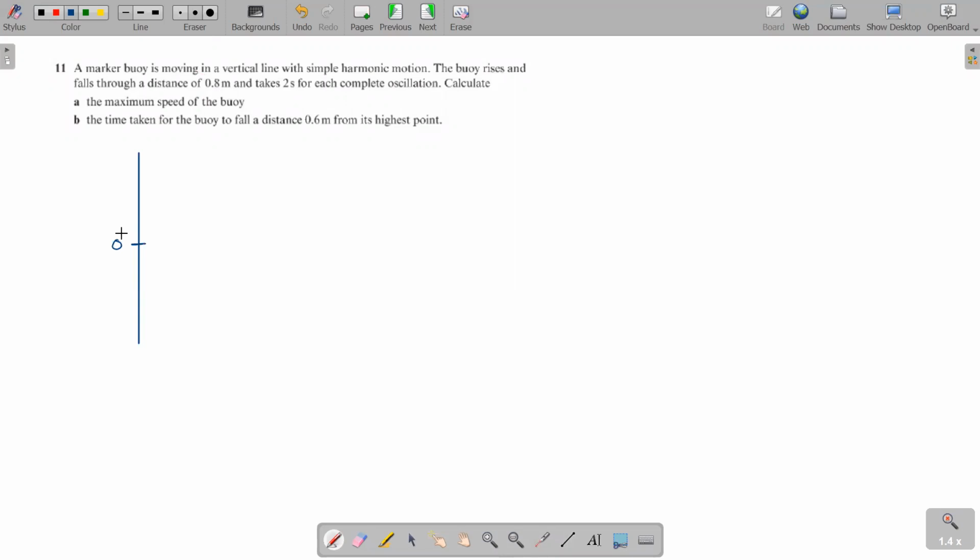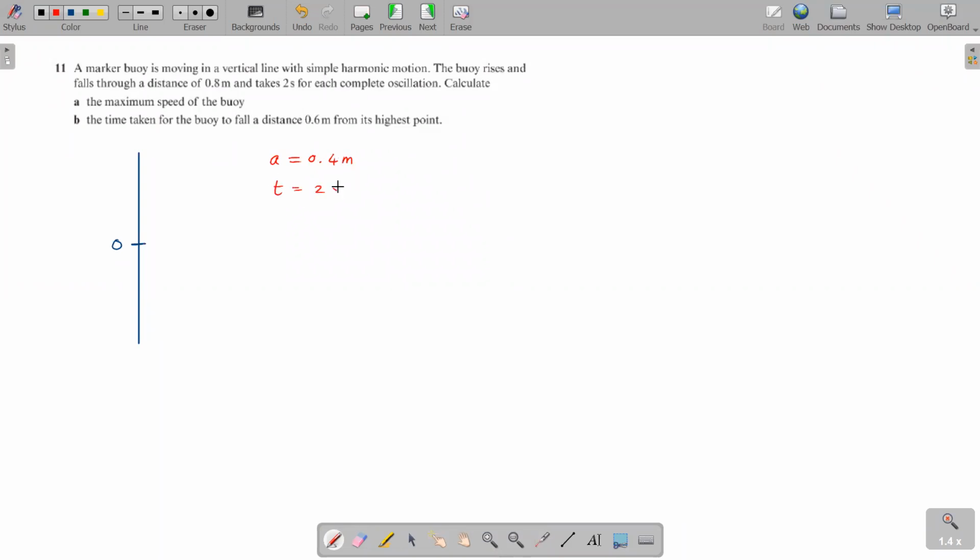And 0.4 meters will become the amplitude, because the center of the SHM is in the middle, and the amplitude is the distance from the center to the two endpoints. So immediately we know in the question the amplitude is 0.4 meters.